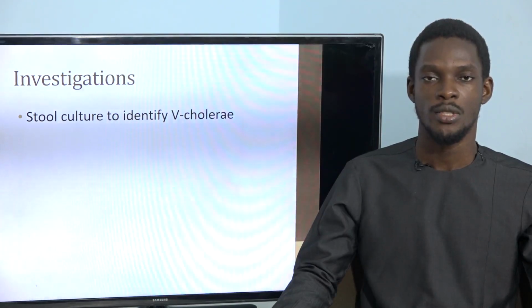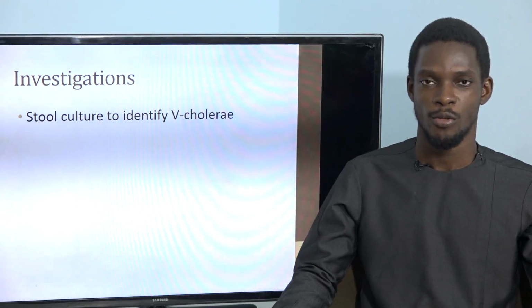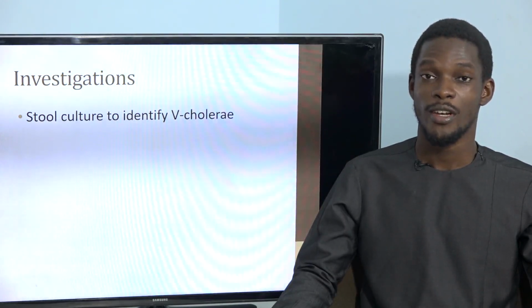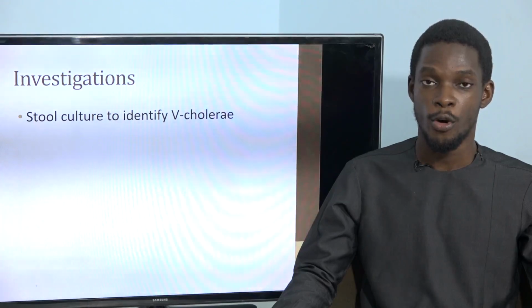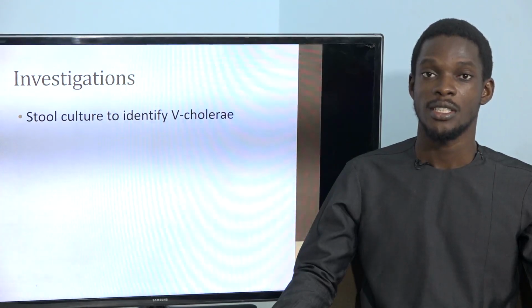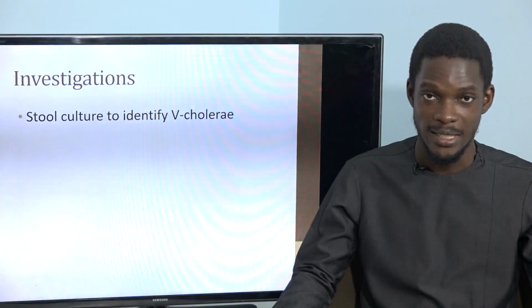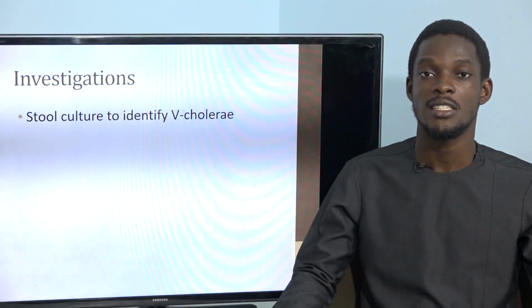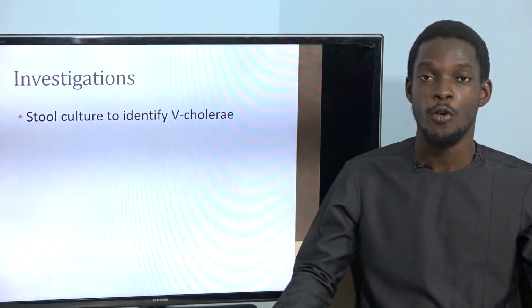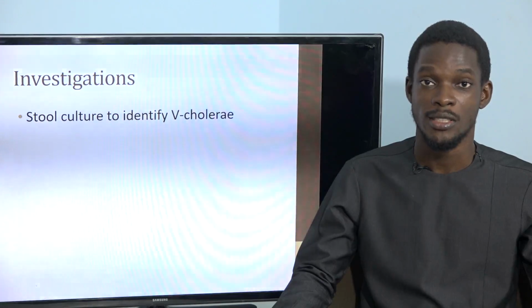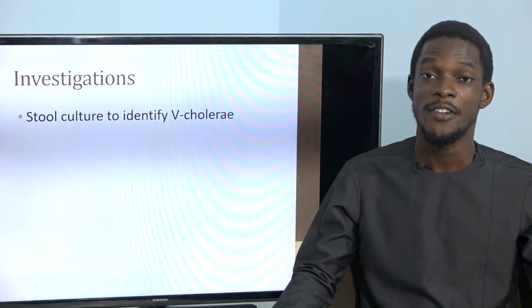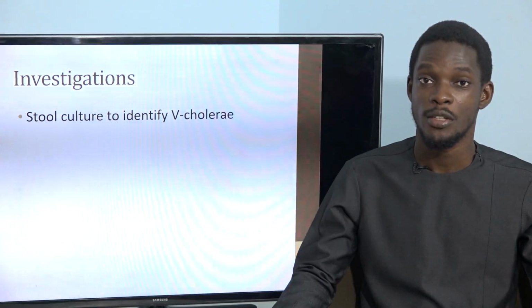So you would use the signs and symptoms to give your provisional diagnosis and to start your necessary precautions, because if you have to wait for investigations to take place before you begin your precautions, you might end up infecting everybody on the unit.